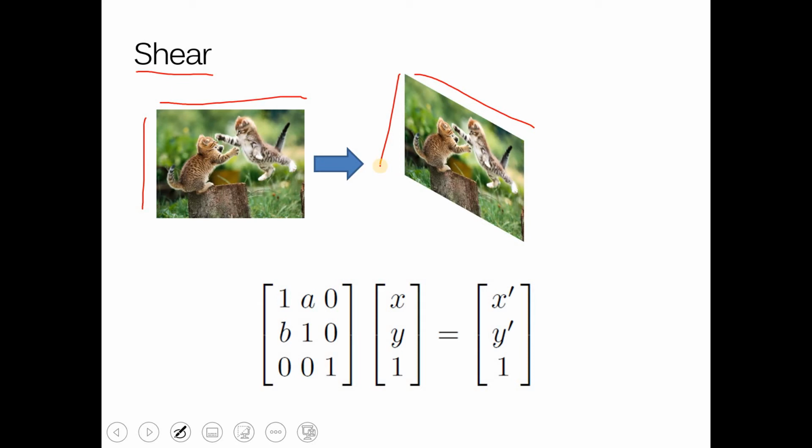This can be created by such matrices where all the diagonal values are 1, whereas the off-diagonal values are some constants a and b. If you note down here, x prime will be equal to x plus the effect of y. So y will affect x and x will affect y. That's what is happening over here. It will be bx plus y. Okay.